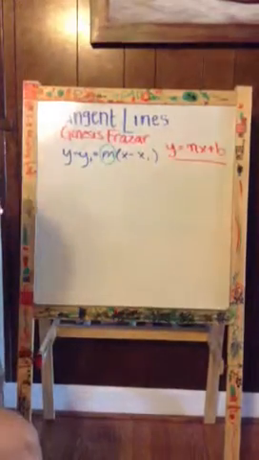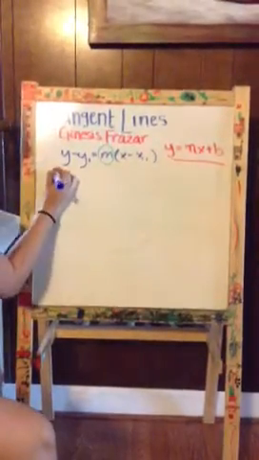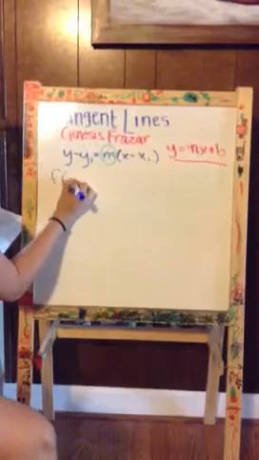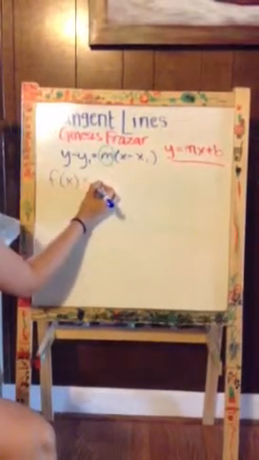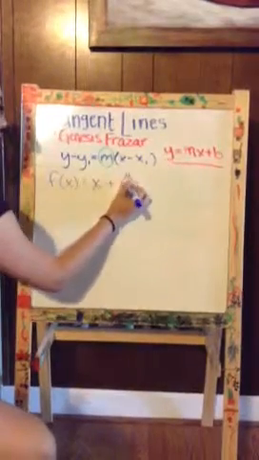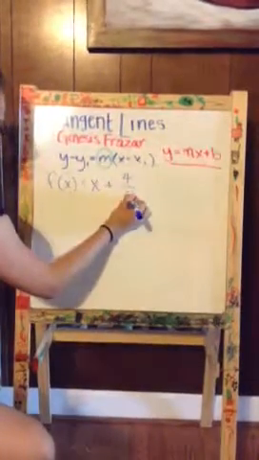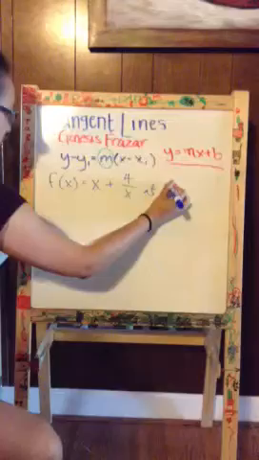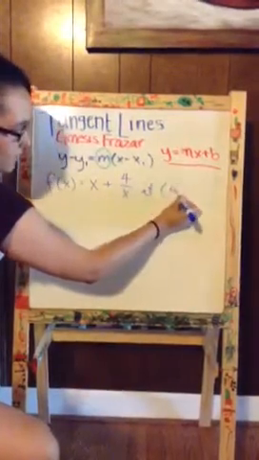Okay, the third problem is f of x equals x plus 4 over x at the given point 4, 5.